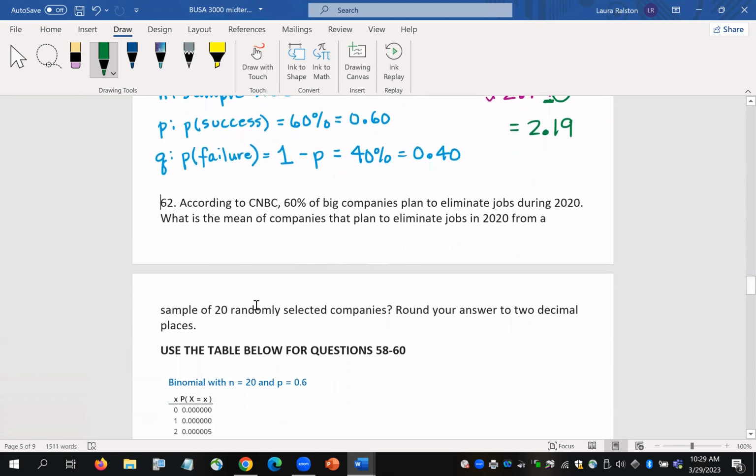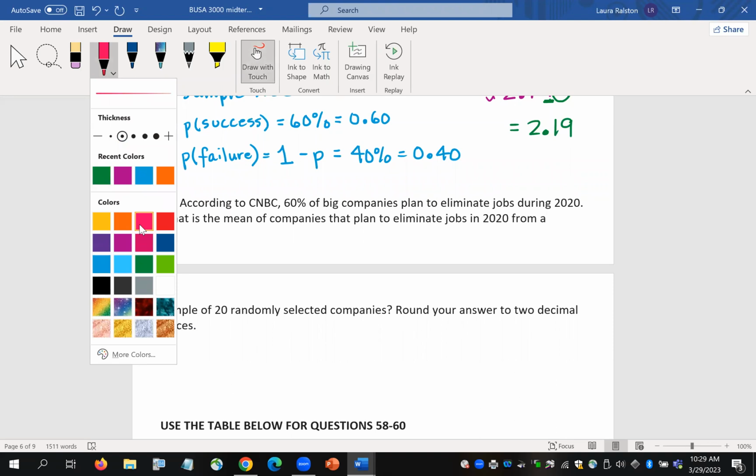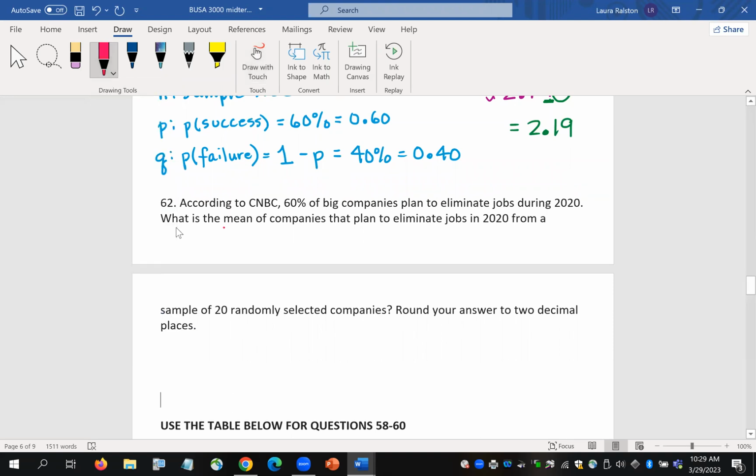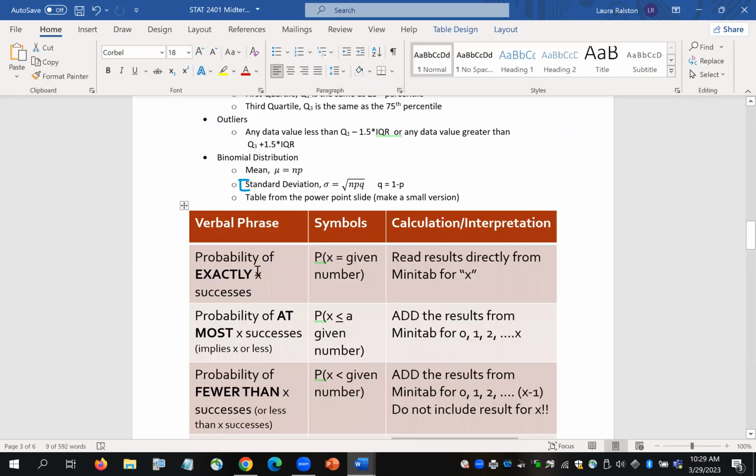Okay, question 62. It's the same scenario, but again, this question asks you to find the mean. And again, finding the mean is not on the table, but it's a formula that's given here.